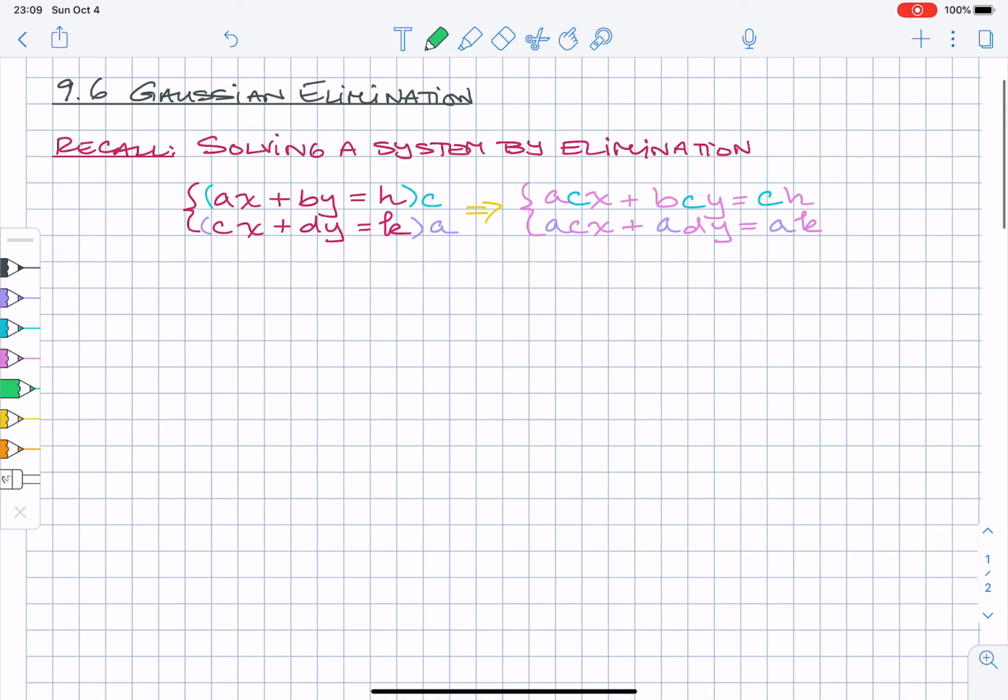And then we would subtract in order to eliminate x. So we would get something like quantity bc minus ad, all times y, is equal to ch minus ak, etc.